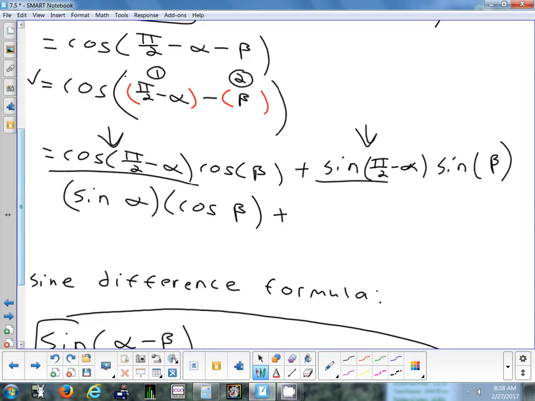So this is the same as cosine. We could have proved it, we didn't. Cosine times sine of beta.